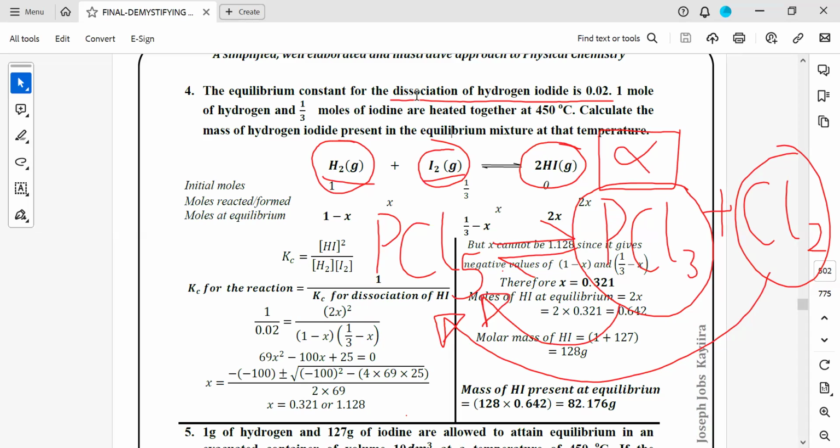Elements. So for example, here, since it's a ratio of 1 to 1, you realize that you will have the degree of dissociation of phosphorus pentachloride as alpha, and then this will be alpha, and this will also be alpha, depending on the number of moles you have initially, so that you subtract to get the number of moles at equilibrium.